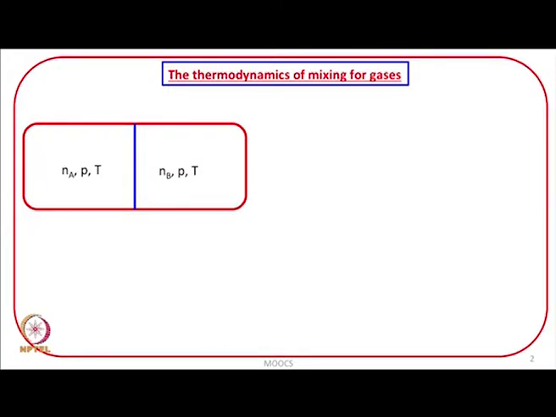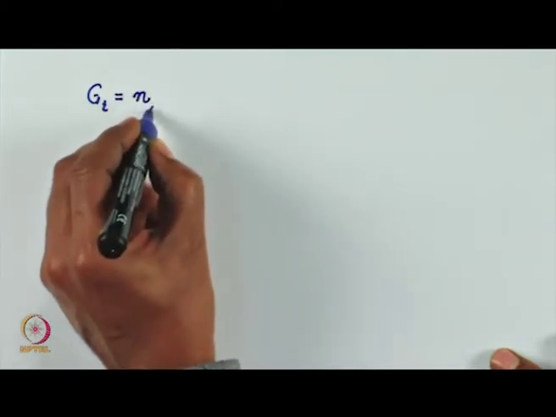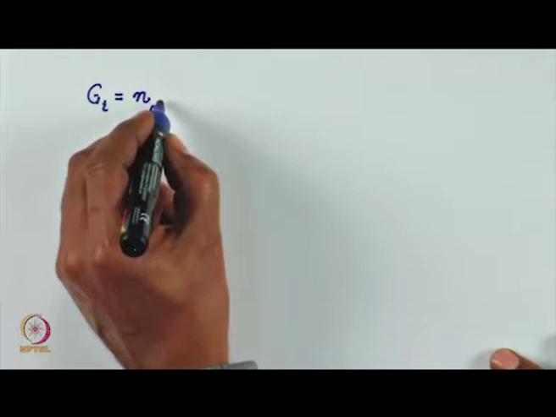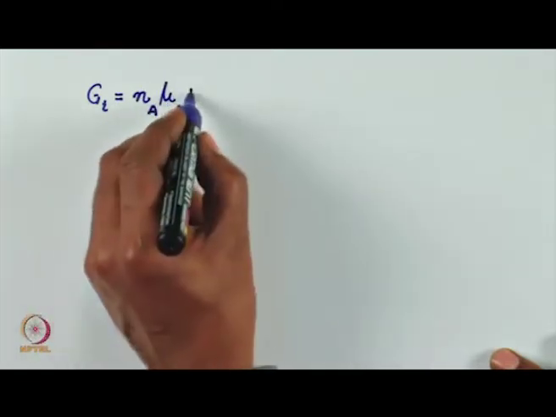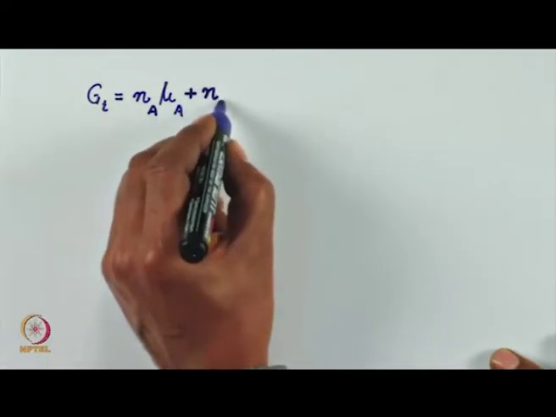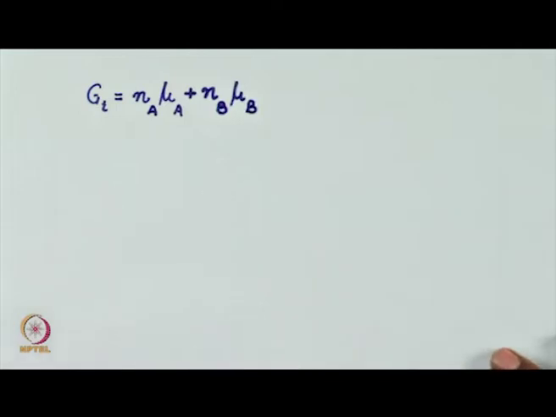That initial Gibbs function will be equal to, since there are Na number of moles of A, chemical potential of A is mu A, then you have Nb number of moles of B and chemical potential is mu B.